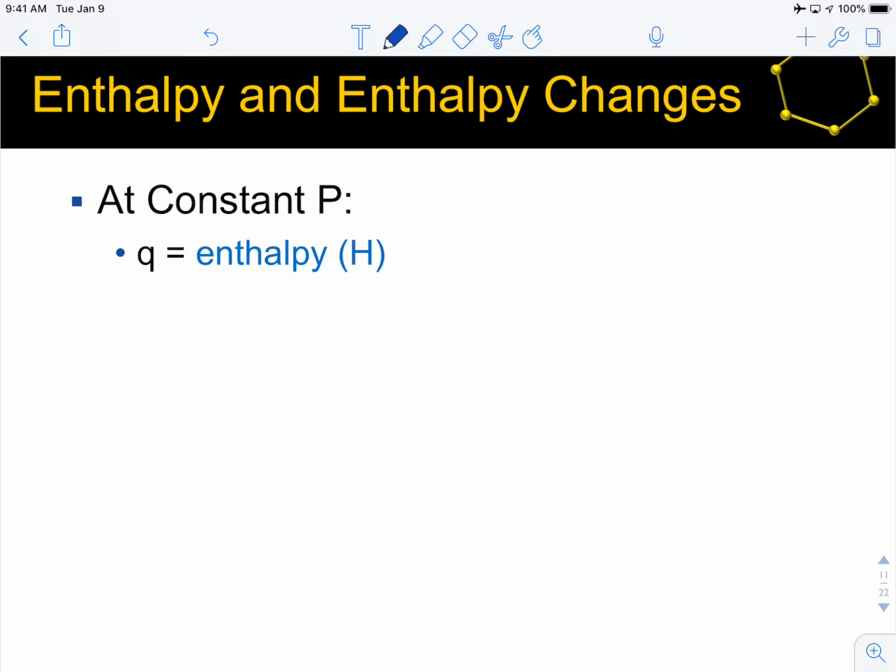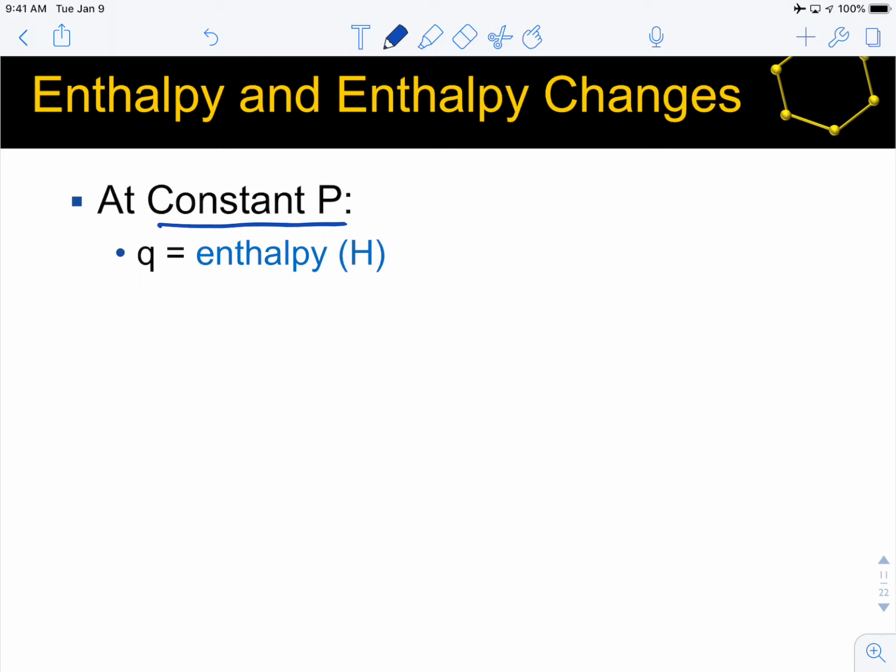Okay, so now we introduce a term called enthalpy, and really for all practical purposes, enthalpy is just a fancy term that means the heat, the energy of the system at constant pressure. That's all it is. And for the most part, that's typically what we deal with in everyday life. So for us, constant pressure is ideal. If you're talking about a reaction in your body, the pressure's not really changing much.